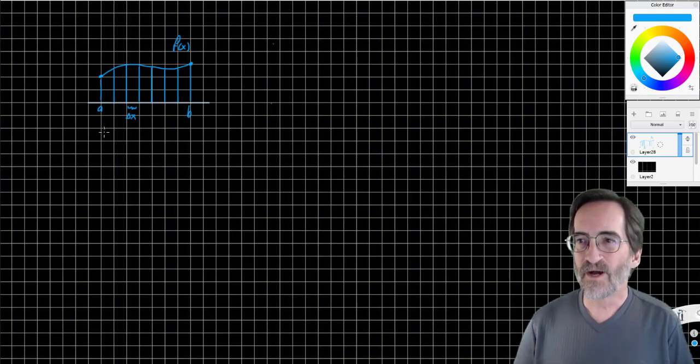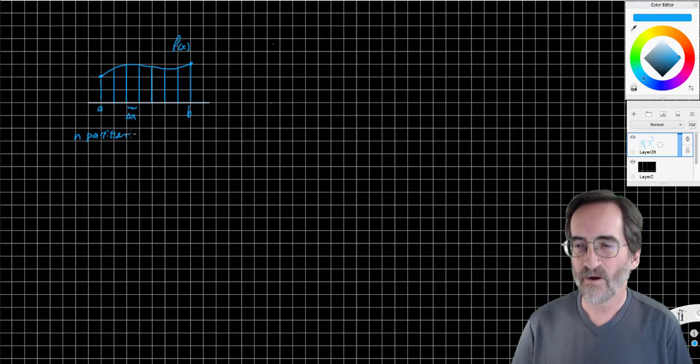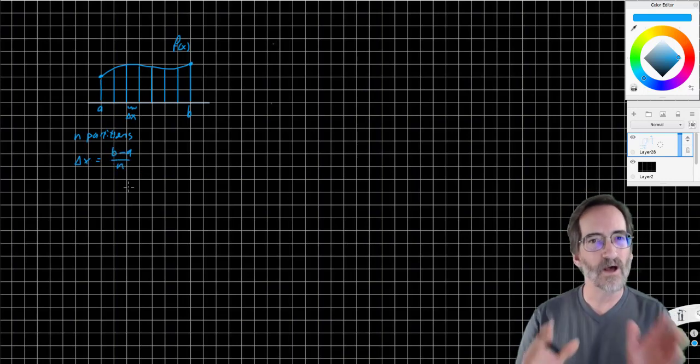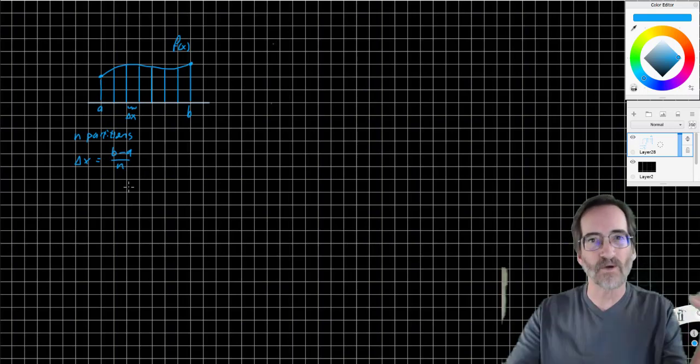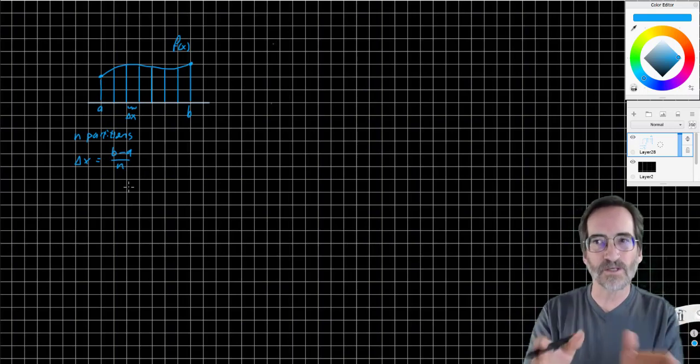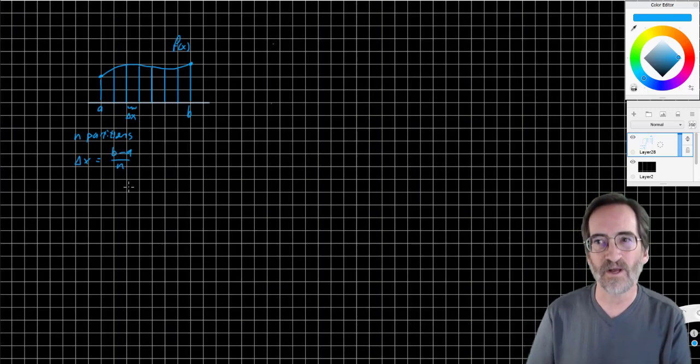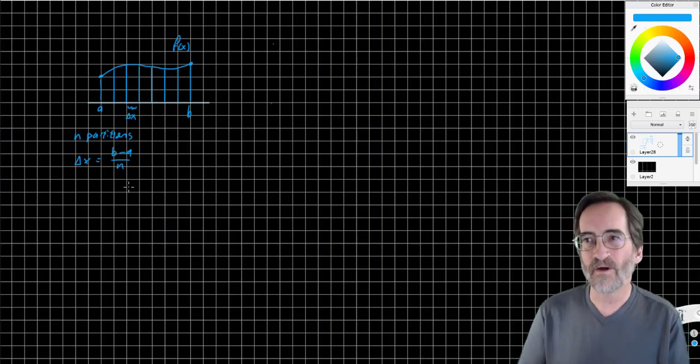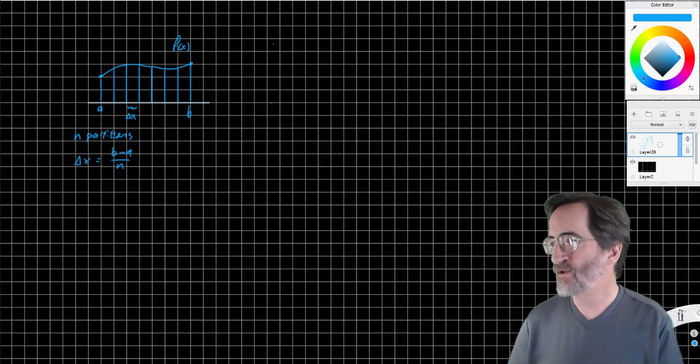And if I divide this into n partitions, then the width delta x, if I divide it evenly, is b minus a divided by n. Think of it, the highest minus the lowest gives me the range. Divide that range into n partitions, so divide it by n. So we're going to remember that. Delta x is b minus a divided by n.